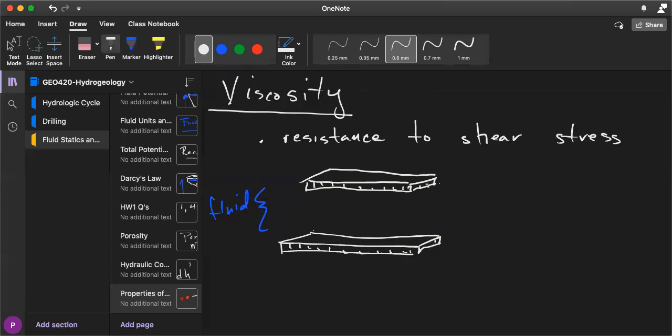And I pull on this plate with a force. This plate here is fixed. So I've got a fluid in between and I'm pulling on this plate and exerting a force. What viscosity tells me is how much force I have to exert to get the fluid moving.